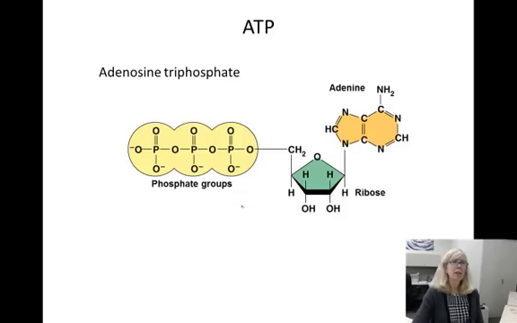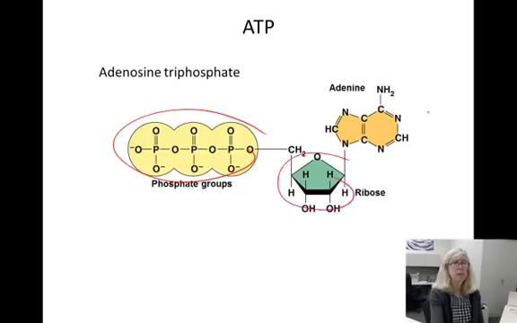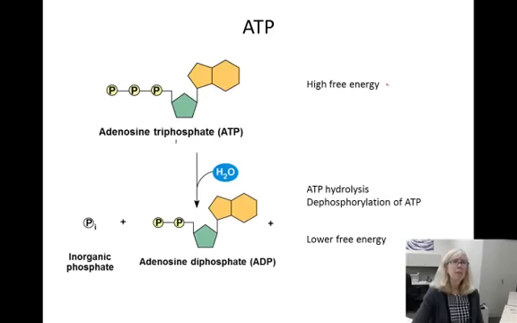Adenosine triphosphate is a molecule used for short-term energy work in the cell. It's a nucleotide, just like the ones we saw in the nucleic acid lecture, though it has 3 phosphates with its sugar and its base. The 3 phosphate groups are negatively charged and tend to repel each other. This instability makes it a molecule with a high free energy.